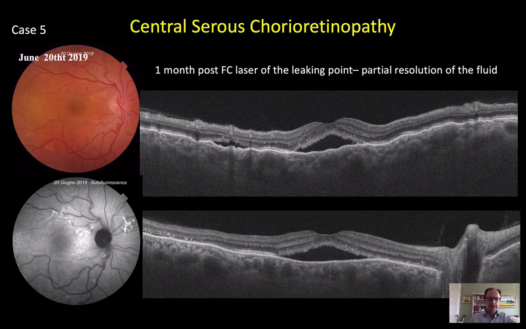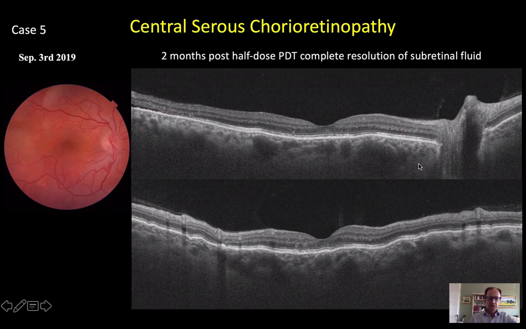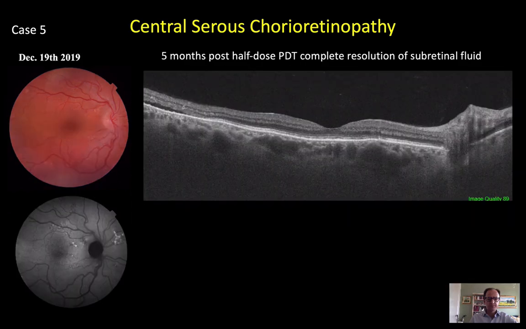fluid under the macula. And for this reason, we added half-dose photodynamic therapy directed on the areas of hyperpermeability of the choroid. And 2 months after half-dose PDT, there was a complete resolution of the subretinal fluid.